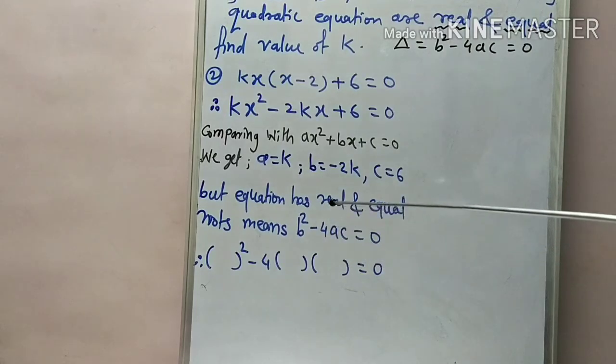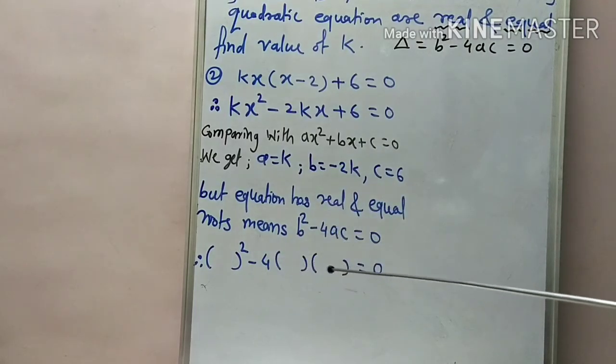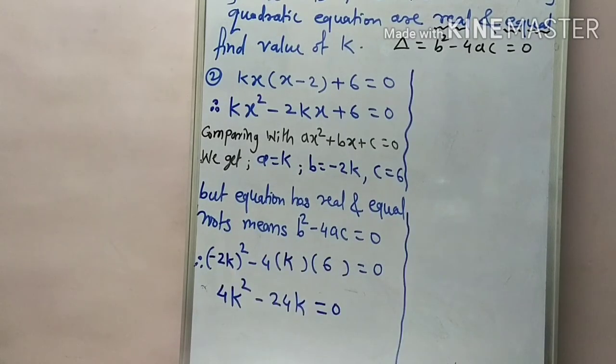So substitute the values of a, b, c here and form that equation. Okay, now b square means b is minus 2k, so square of minus 2k, minus 4 into a into c, means 4 into k into 6.